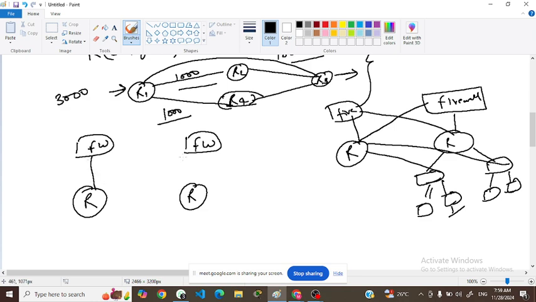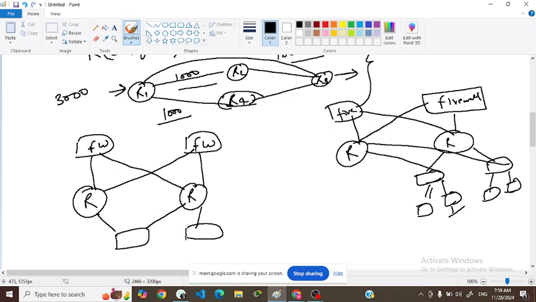They are connected with each other. Now for backup purposes, suppose this firewall goes down and this one is up. Then the traffic coming from this router will go down, so we can connect it from here also. And now if there are two switches, we can connect these switches. This is the network design, and these are the PCs.